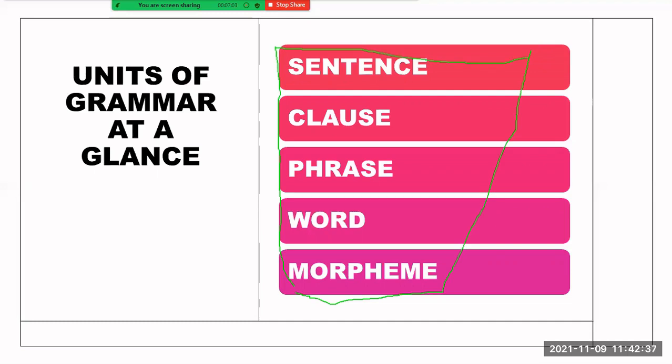So this is what we have: the sentence as the largest unit of grammar, followed by the clause, followed by the phrase, the word, and the morpheme. So in an ascending order, we have the morpheme combining to form a word. Morphemes combine to form a word. Words combine to form a phrase. Phrases combine to form a clause. And clauses combine to form a sentence.